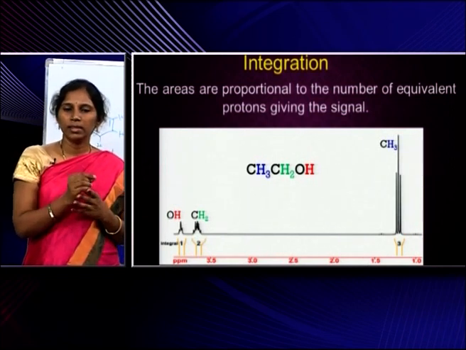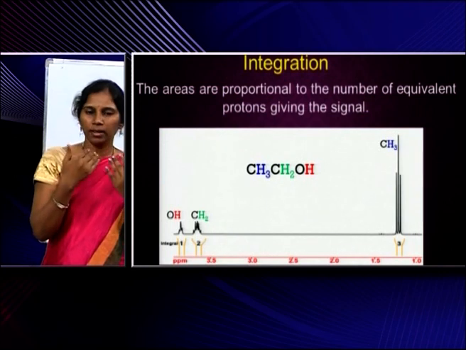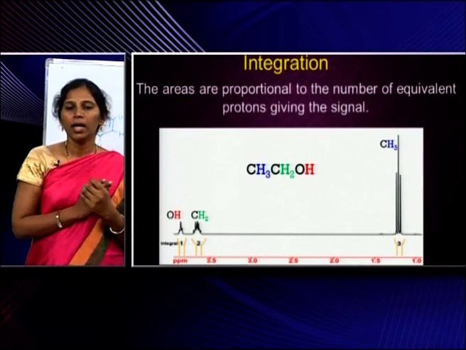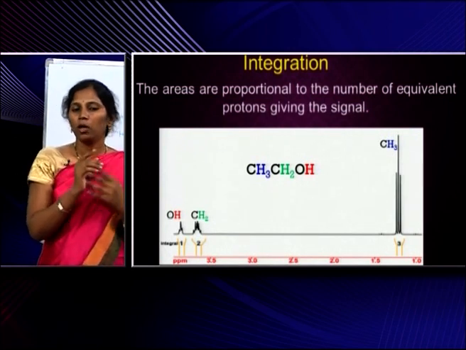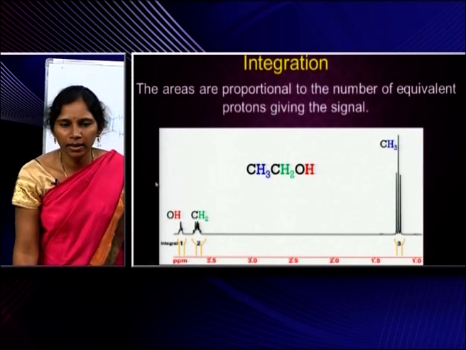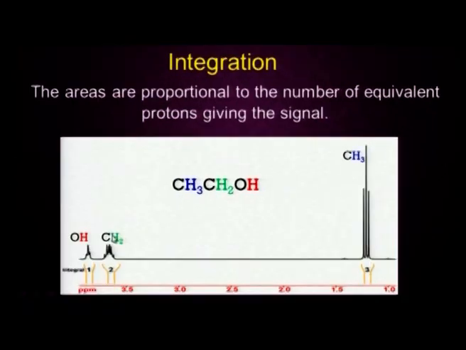The 3 signals are split according to the spin multiplicity, and if you measure the areas of these 3 peaks, look at the slide, the OH is having the integration value of 1 and CH2 is having integration value of 2, and the methyl protons appear as a triplet in NMR spectrum with the integral value 3. Like that, from the integral values also we can get further information for the determination of structure of the molecules.